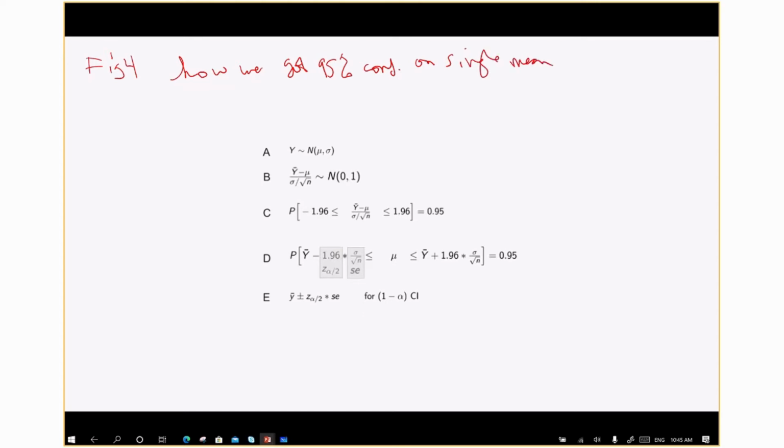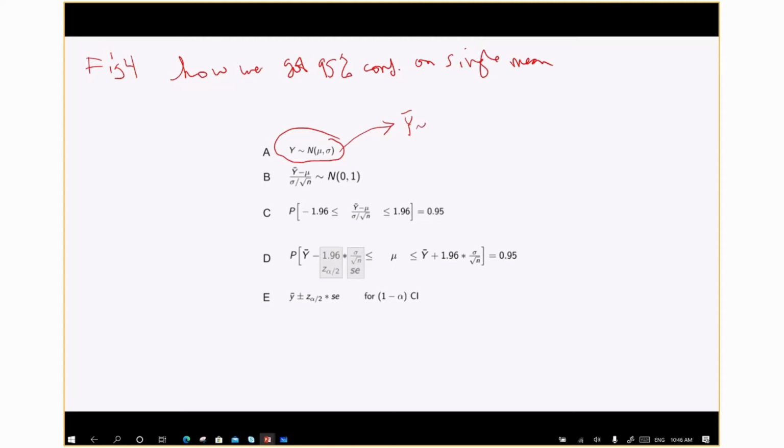So remember, we assumed that our underlying population was normally distributed with mean mu and standard deviation sigma. And then what we figured out was that if we took all possible samples, we can represent those as a random variable y bar.